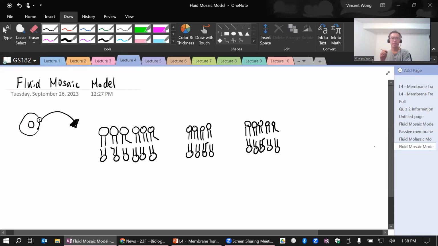All right, that should be good. And you can put a few more here if you can. So this is called the phospholipid bilayer.